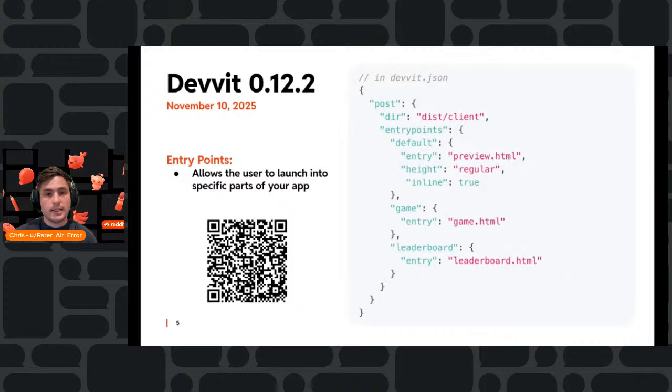This will render directly within the feed. And then you could launch into this game entry point, which is a specific HTML page that you load into there. So think of it as a kind of state manager. You can load to a specific part of your game without really needing to worry too much about passing all of that metadata back and forth. We handle a lot of that bridge for you.